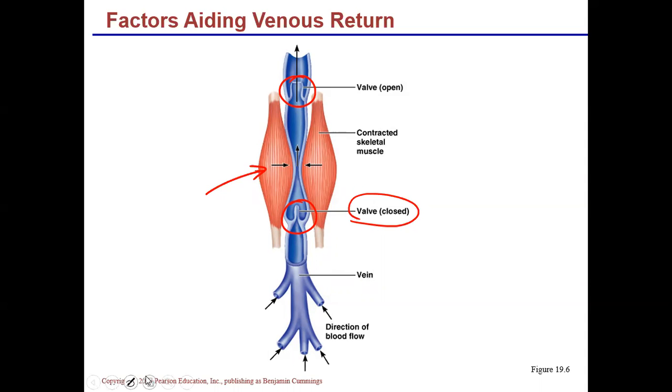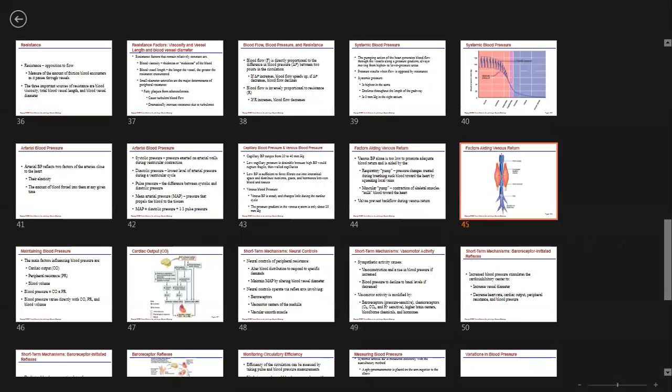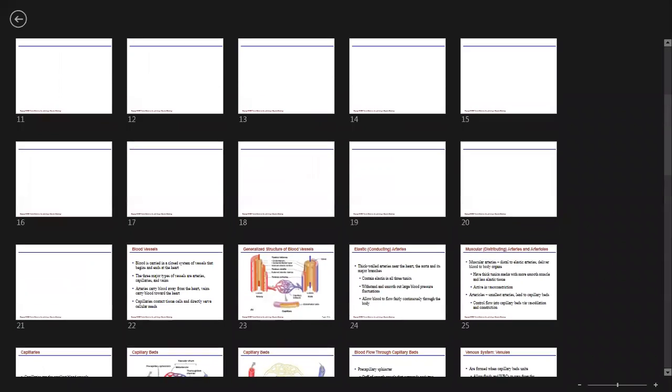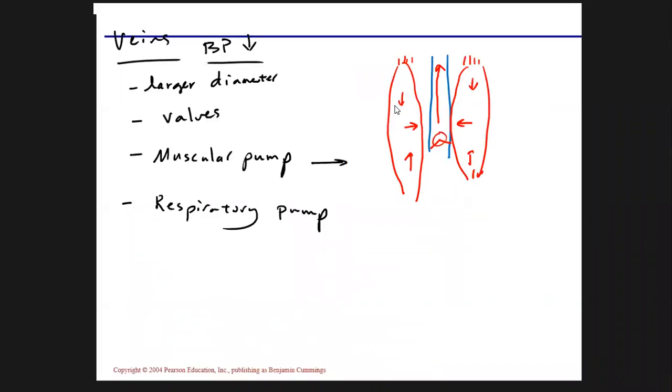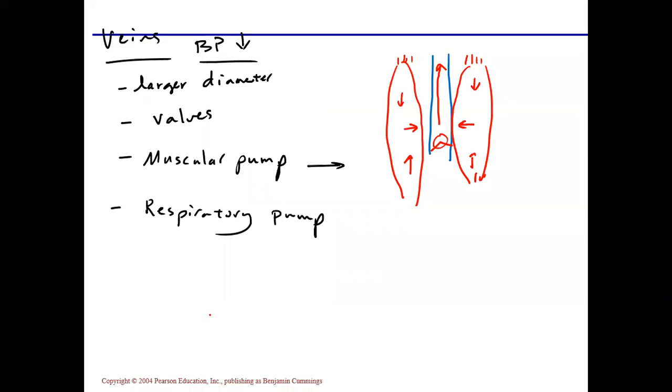How about the respiratory pump? Let's go ahead and take a look. Maybe we can shed some more light when we cover the respiratory system, but the respiratory pump is important too. The pressure changes created during breathing suck the blood towards the heart by squeezing the local veins.